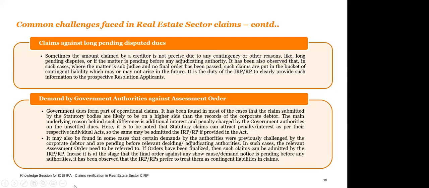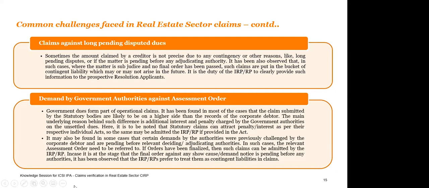If there is a demand notice or demand order that has already been raised and is not challenged by the company against any of the authorities, then that government dues obviously form a part of the operational claims of the corporate debtor.